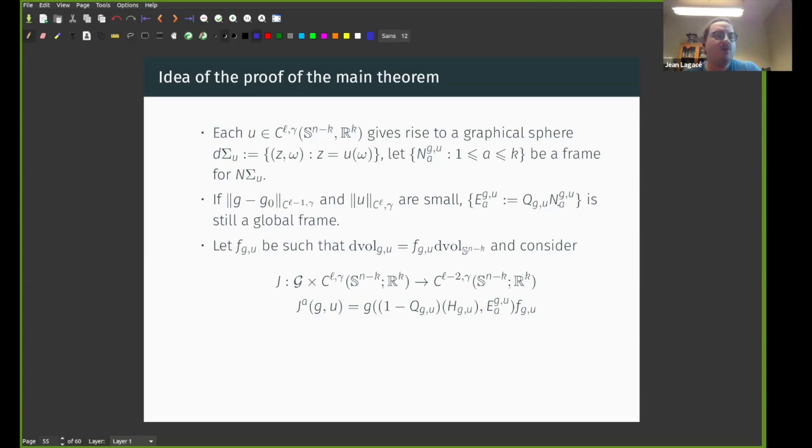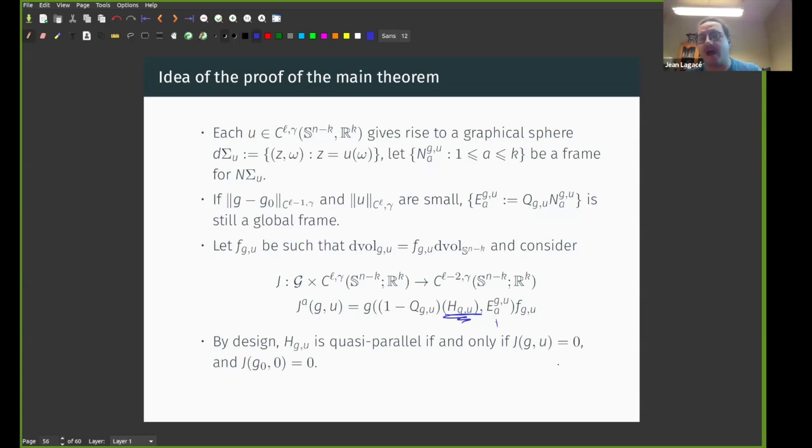Then you pose this function from the space of metrics times functions, given by this formula here. The important part to notice is that this is quasi-parallel if and only if, because this is a frame, this J is 0.